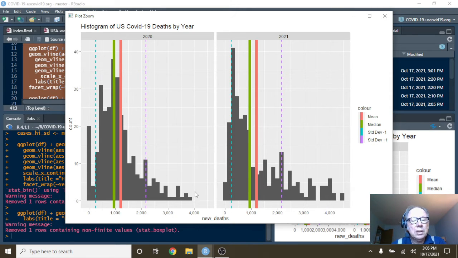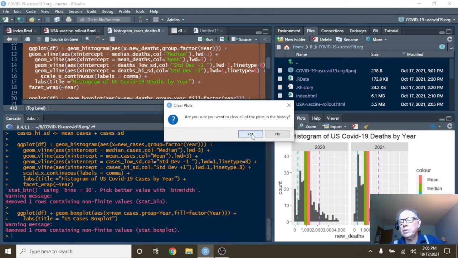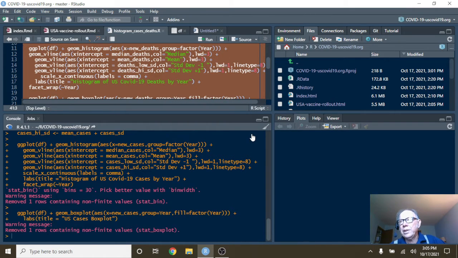Right skewed. And over here in 2021, a similar situation: unimodal, unsymmetric, right skewed. So anyway, that's just a little statistical information for some of you statistical aficionados out there.